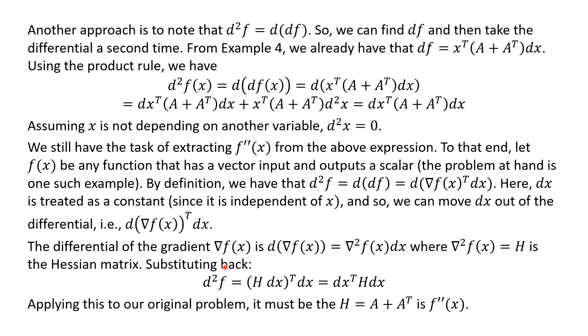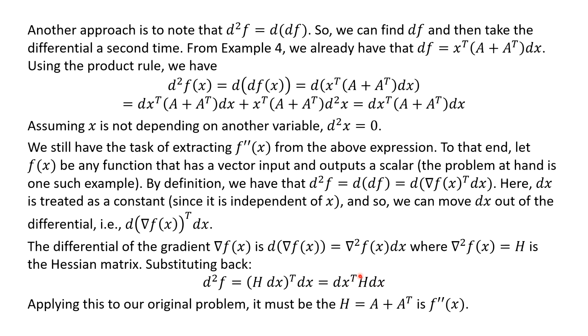Then we substitute back into here. We just get the second differential of f is the Hessian times dx transpose, where it equals this here, just taking the transpose, we get dx transpose times H times dx.